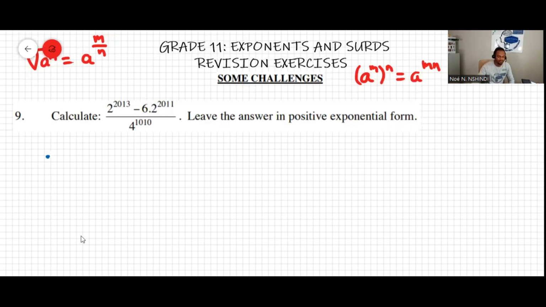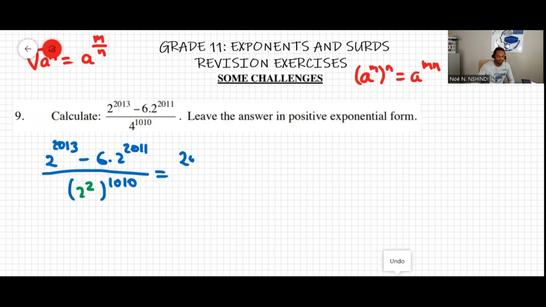It's going to be 2 to the power of 2013 minus 6 times 2 to the power of 2011, all over 10, and that's going to be like 2 squared. So this will then be 2 to the power of 2013 minus 6 times 2 to the 2011, all over 2 to the 2020. Okay, it's going to be that.